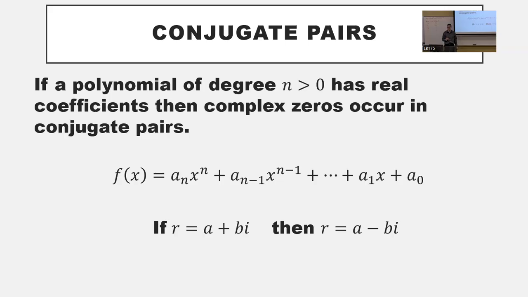Guys, remember doing that? Solving, you use the quadratic equation. If you use the quadratic equation and it spits out non-real complex numbers, then those occurred in conjugate pairs, like 3 plus 2i and 3 minus 2i.